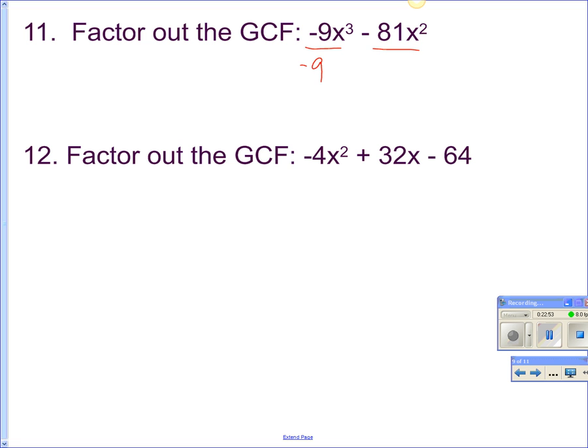Very good. Chad, did you write anything else with the negative 9? Yeah, good job, guys. So you have to put x to the second, because that's what they have in common, x to the second. So you put that with both of them, then you divide. So you get 1x plus 9. And Haley, what else do you have to do with that? Good. And then out front, you put negative 9x squared.